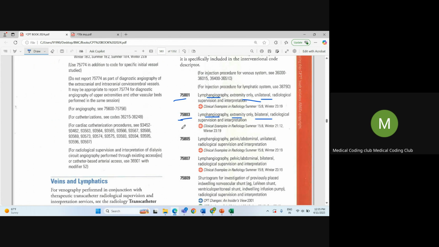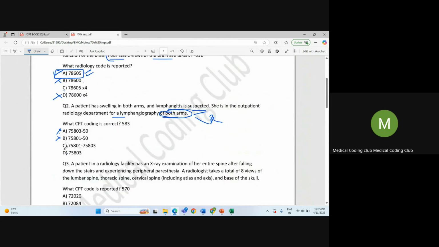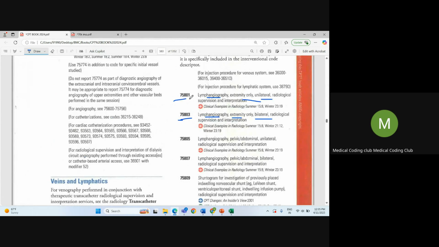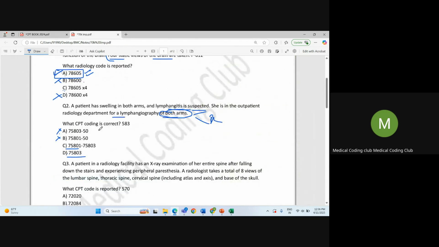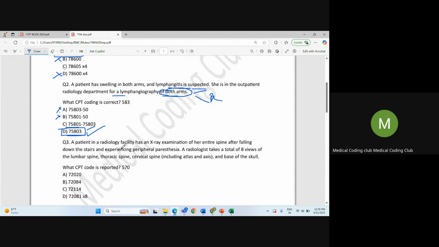The other options include 75801 and 75803. 75801 says extremity unilateral, 75803 bilateral. So the correct answer is 75803, and it also includes radiologic supervision and interpretation. So the correct answer for the second question is 75803. Okay. So next question.